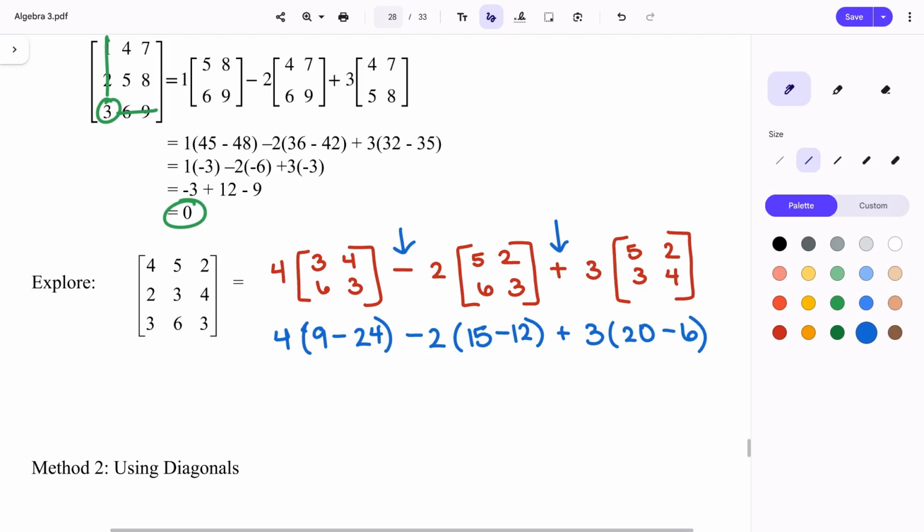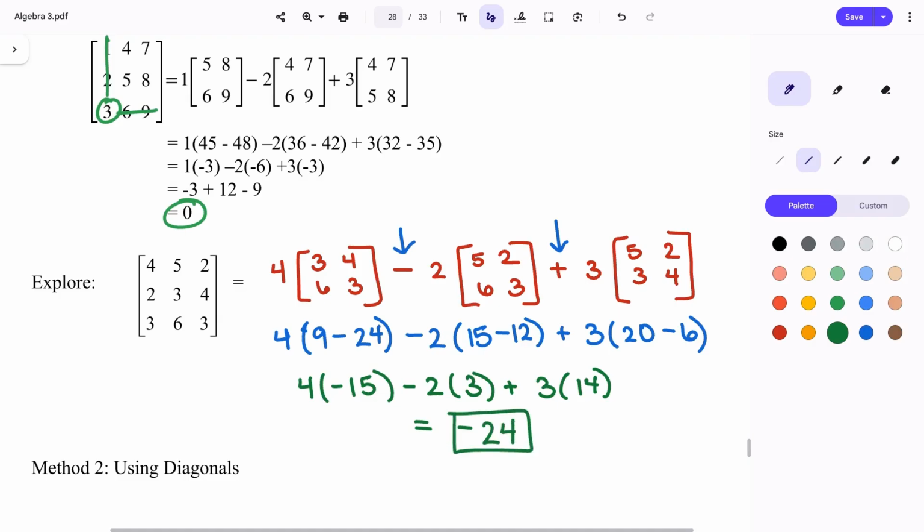Slowly working through mine up here. If yours is looking like mine, what'd you get for a final answer? Negative 24. Good, negative 24.